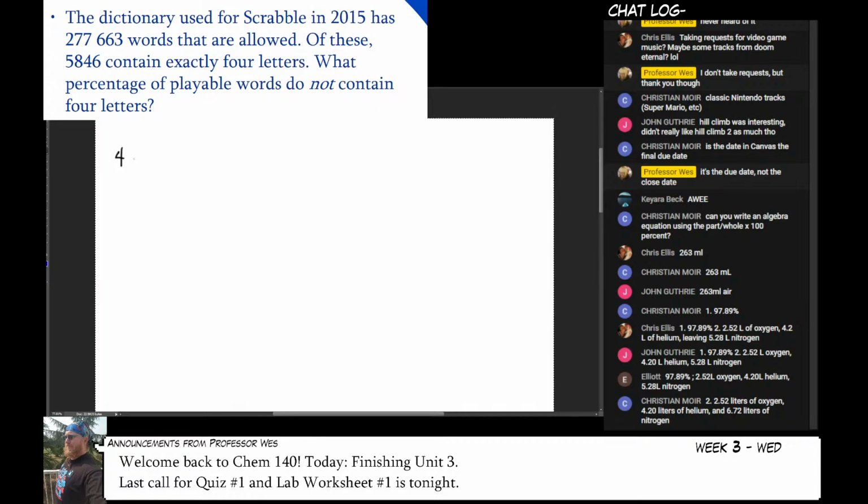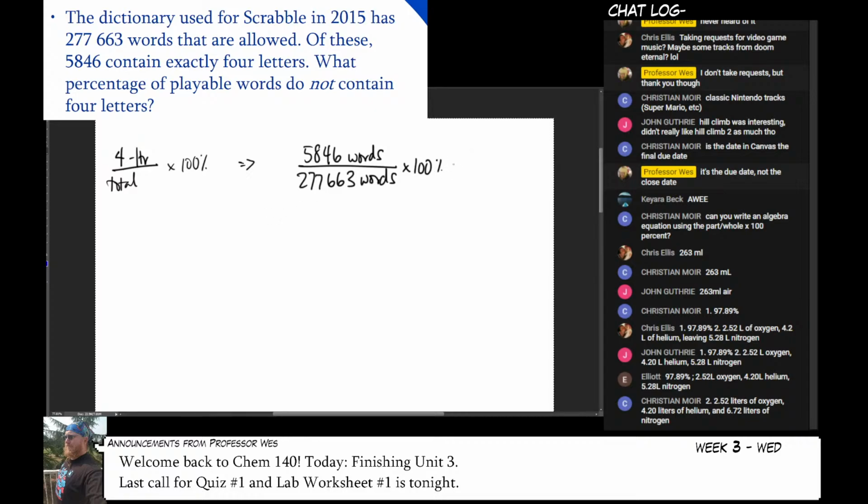So there are 4-letter words divided by total words times 100%. And so that would be 5,846 words divided by 277,663 words times 100%.